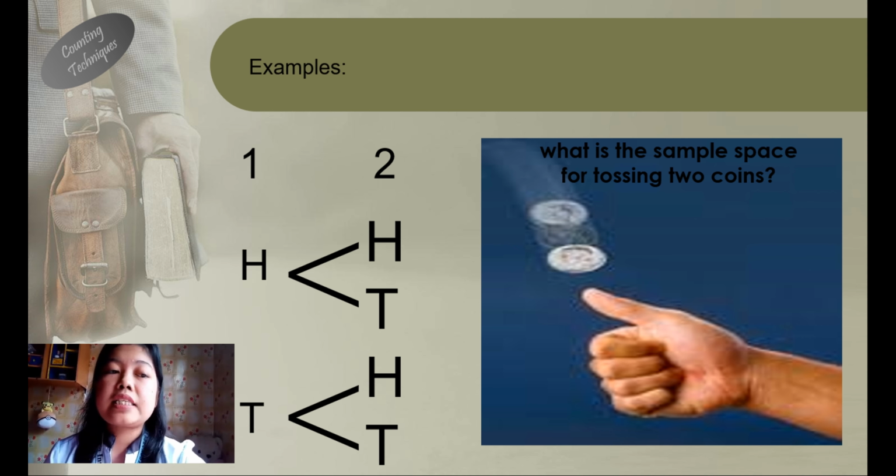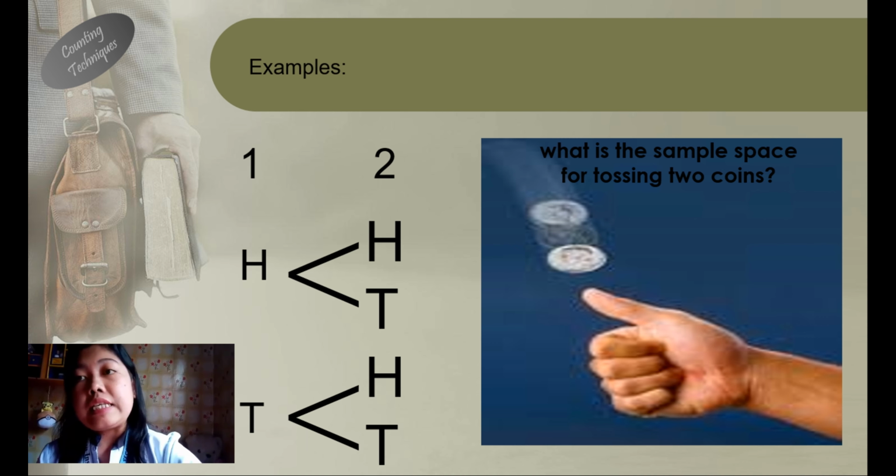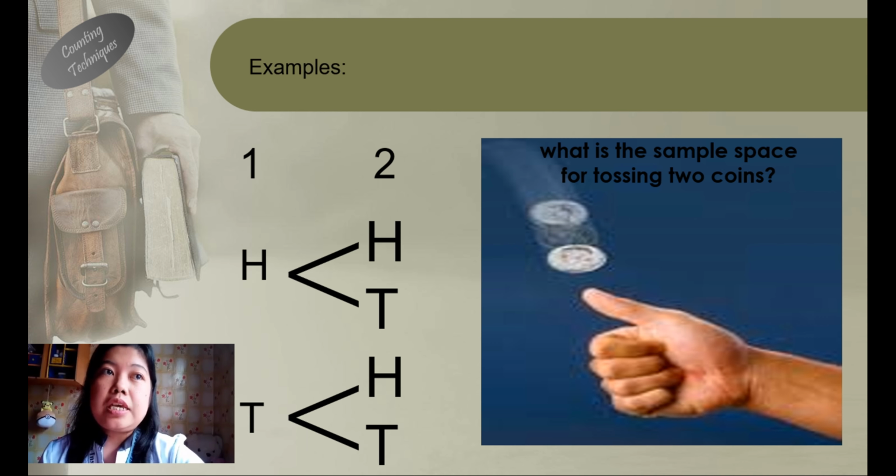Now, let's say we get heads in the first flip. In the second flip, we get another two possibilities, heads or tails. Similarly, if we get tails on the first flip, we can also get two possibilities in the second flip. We can also get heads or tails.